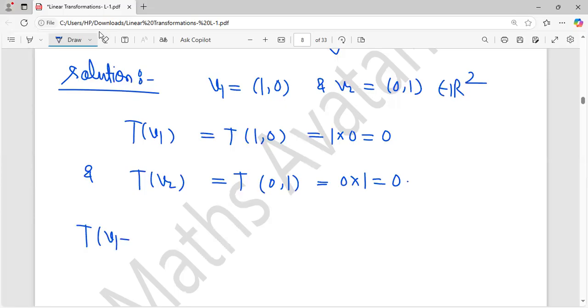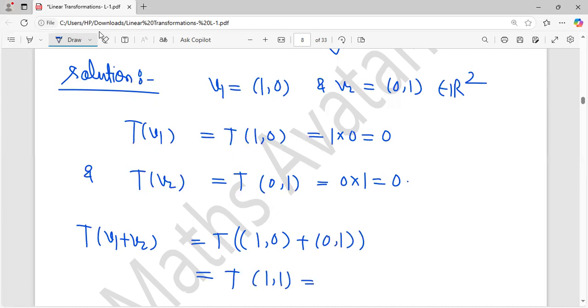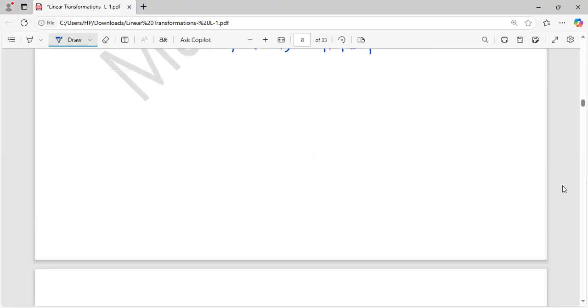T(v1 + v2) is equal to 1. This is not equal to 0.